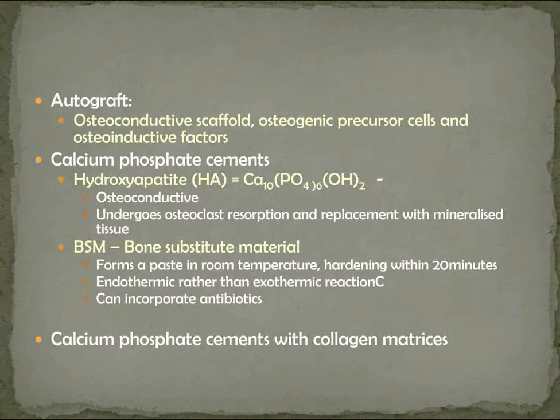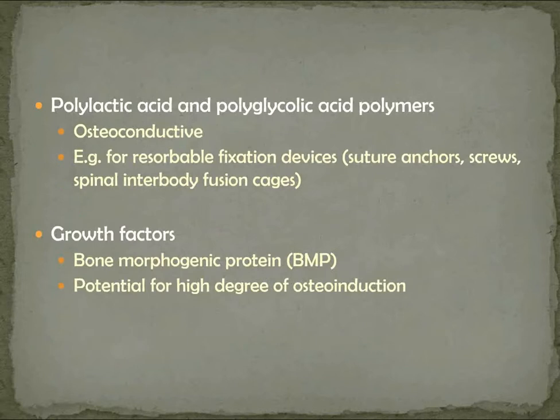And this is just going in a bit more detail into the different types of available materials. So with autografts, as I mentioned, provide a scaffold as well as the precursor cells and osteoinductive factors, whereas the ceramic-based overall provide an osteoconductive increase in healing, and different types of polymers can also be employed in osteoconductive methods to improve trauma healing.